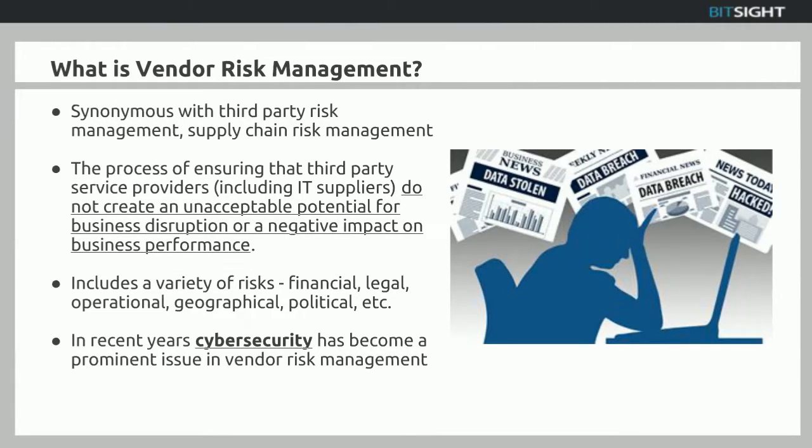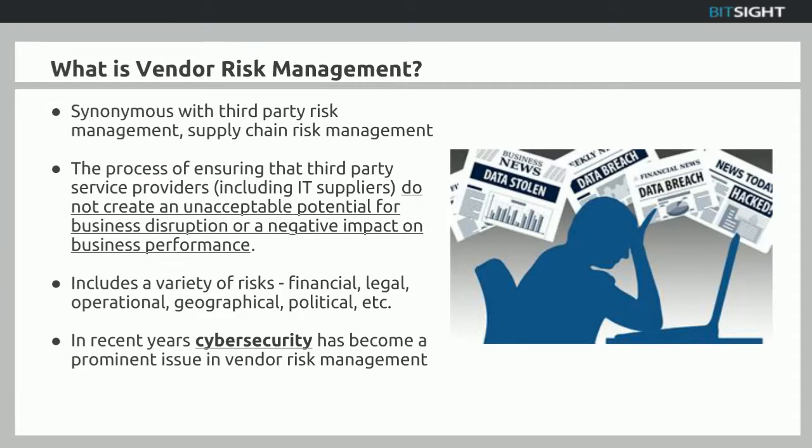Basically, this is a process of ensuring that your third-party service providers or your vendors, including IT suppliers, are not posing an unacceptable potential for business disruption to your organizational capabilities. This is important because more and more critical functions of the enterprise are being outsourced and the dependency on third parties is increasing.